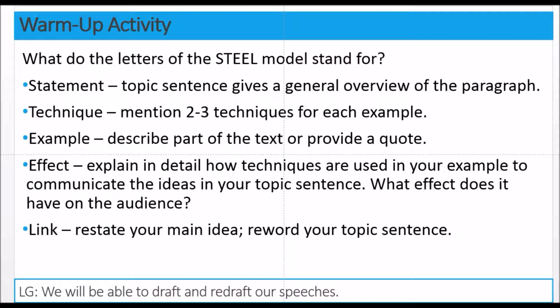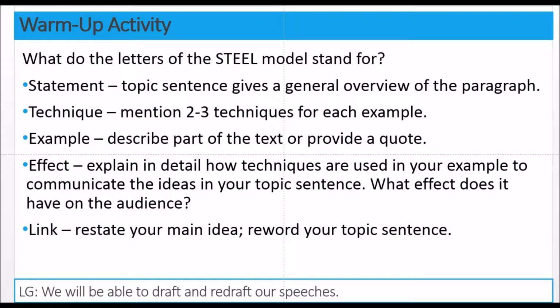Now the next letter in the STEEL model is for technique, obviously, and what I would recommend for you guys in year 10 at this point, you probably shouldn't be talking about more than 2 to 3 techniques for each quote or each example that you refer to as evidence that supports your topic sentence or supports the main idea in your topic sentence. So just make sure that you're not trying to talk about too many techniques, because I am noticing in students' drafts that they are listing 5 or 6 different techniques.